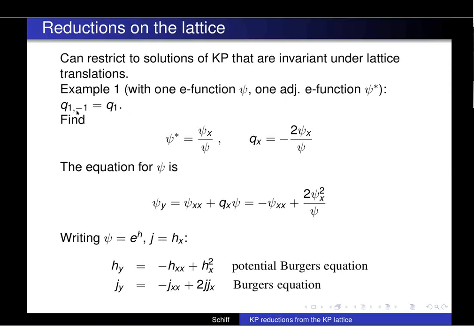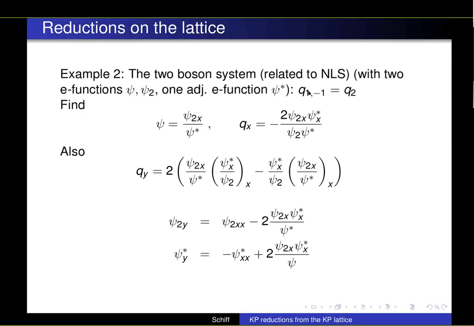So I impose, if I have one regular and one adjoint, I can find what Q1 minus 1 is. Here I could also have Q2, 1, 2 minus 1 equals Q. There are many other possible reductions here.